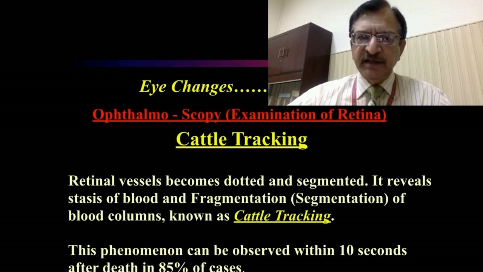It reveals stasis of blood. This tells that the blood has stopped moving, and this fragmentation of blood vessels is known as cattle tracking. This phenomenon can be observed within 10 seconds after death in approximately 85% of cases.